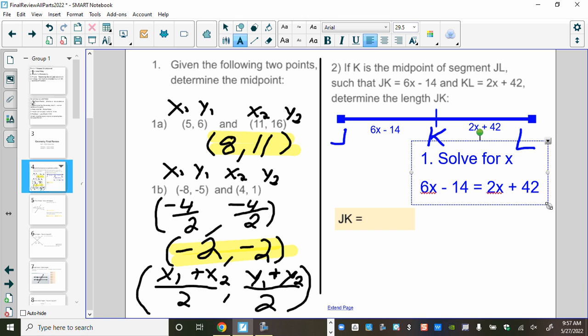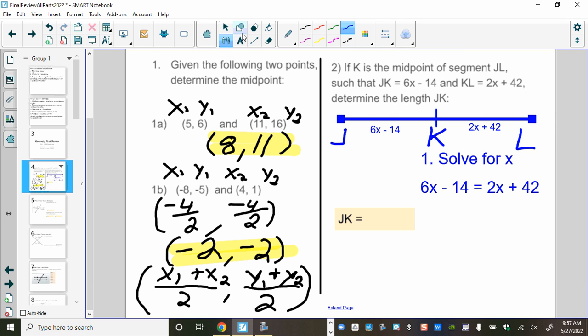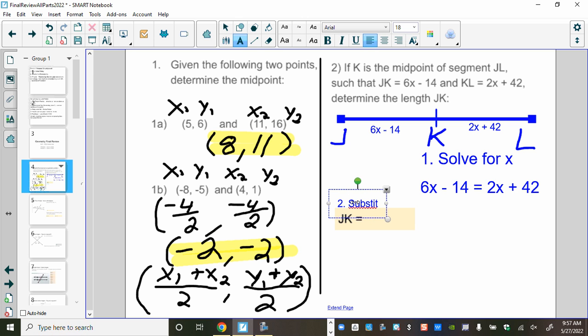So that's your first step. Solve for the x. I know this is going to be a little out of order. And then your second part, substitute x into the expression.